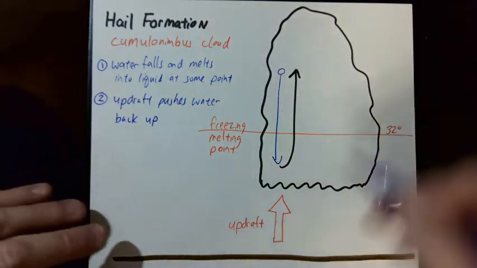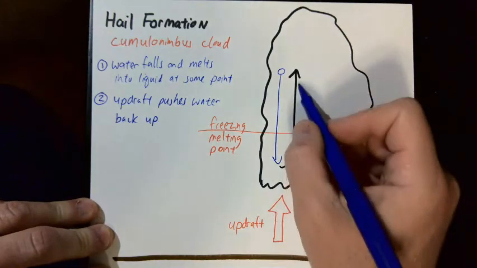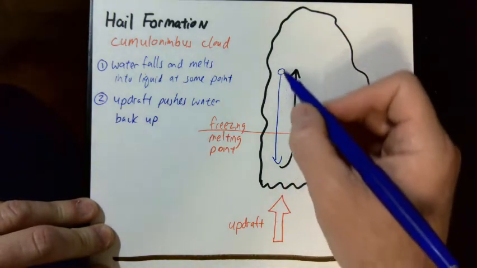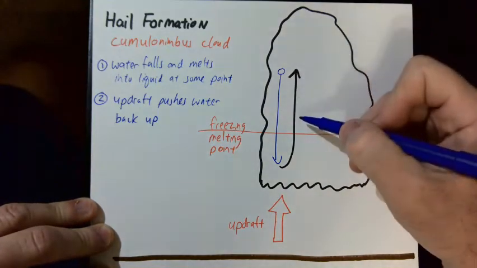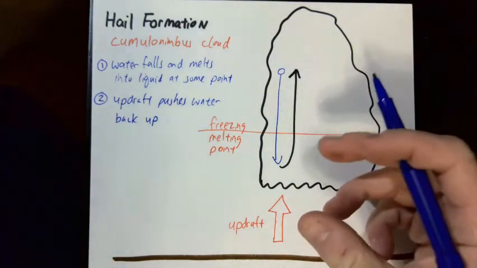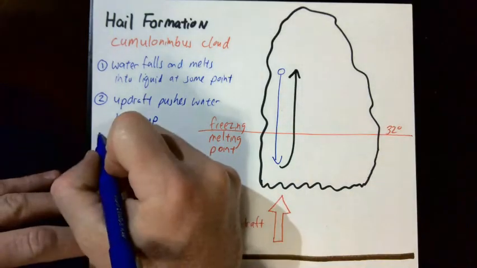Now here's the thing. As this guy has dropped, and now he's being pushed back up, he's running into other pieces of water that are on their way down. So the water starts to stick together and form a bigger clump.